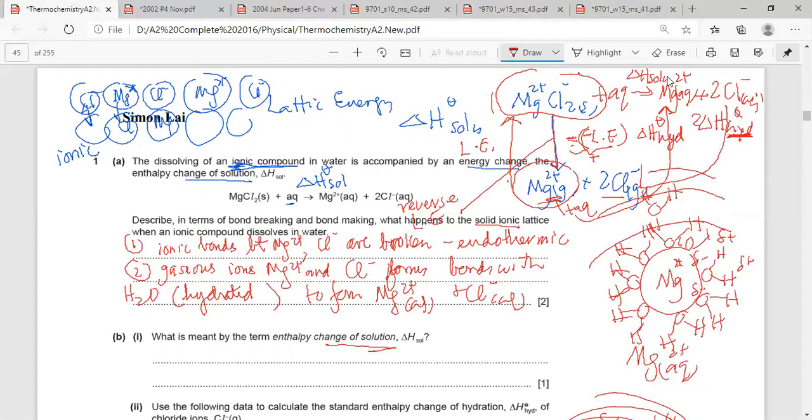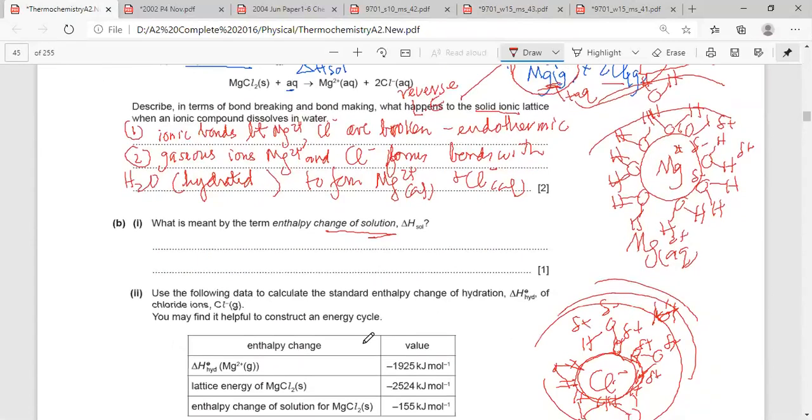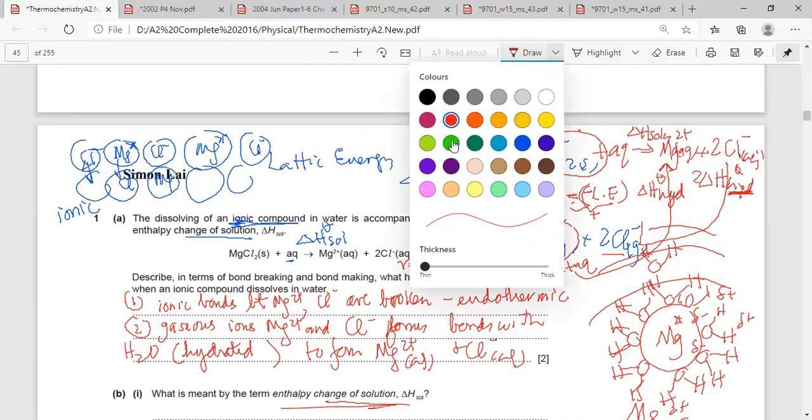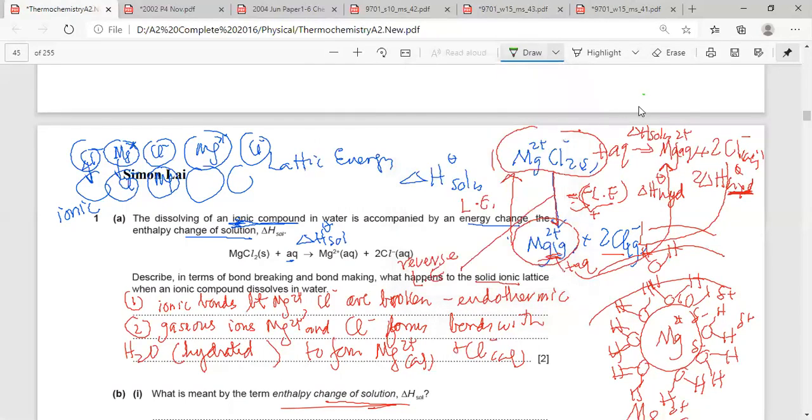They ask you now, what is meant by the term enthalpy change of solution? Remember, you look at Hess's law. I'm going to put the green color. Hess's law says the route from A to B, initial to final.